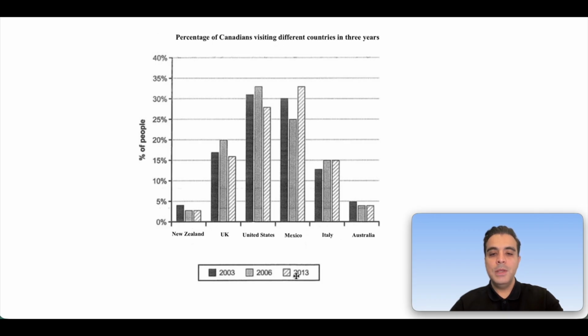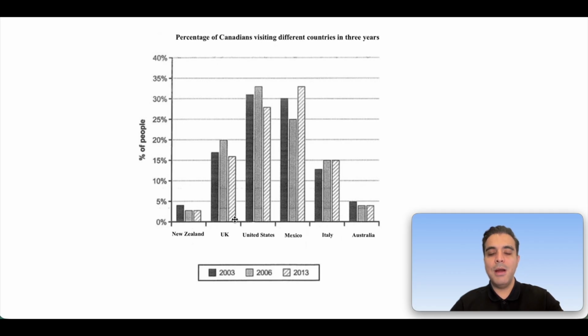For example, let me draw your attention to the number of Canadian tourists in the year 2013. So we're talking about these bars here to the far right of each country. Okay?